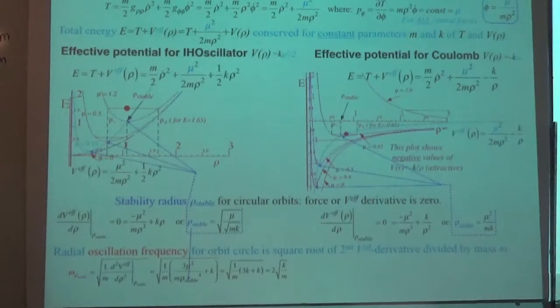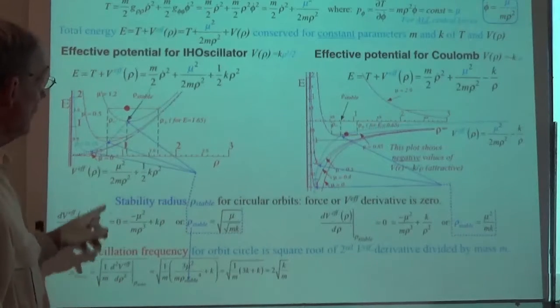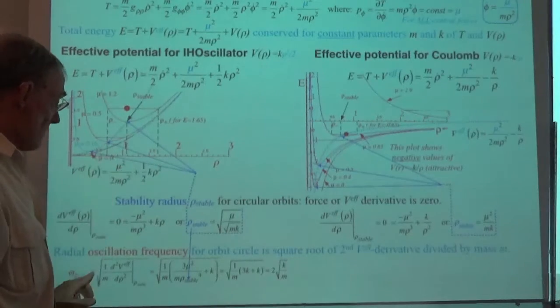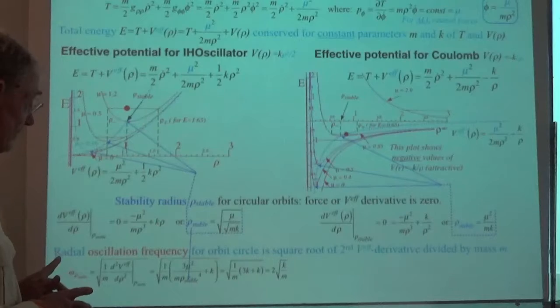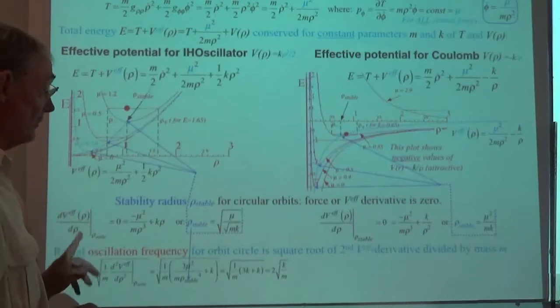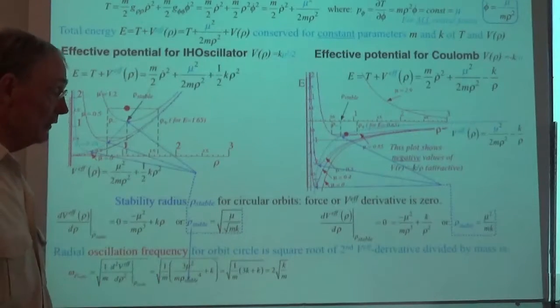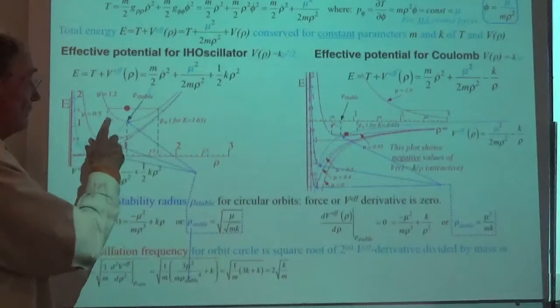Next thing is to take the second derivative of the effective potential and get an oscillation frequency around that place to sit. And for these two, this isn't just an approximation. This is exact. It turns out that this is exact. If you work this out, you get something that we'll later show is an exact relation for that frequency.